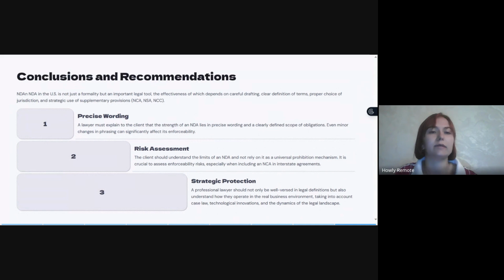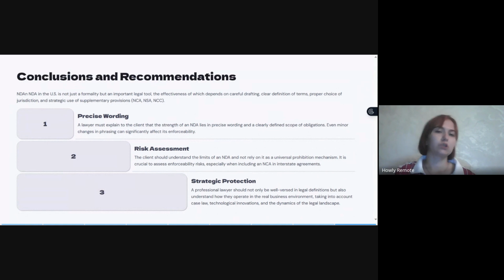NDAs in the US are not just formalities, they are practical tools to protect business information. Their effectiveness depends on clear drafting, correct and detailed definition of confidential information, choosing the right jurisdictions, using additional clauses like NCA, NSA, NCC carefully where allowed, with specific scope, specific territory, and specific duration, and with following the law.